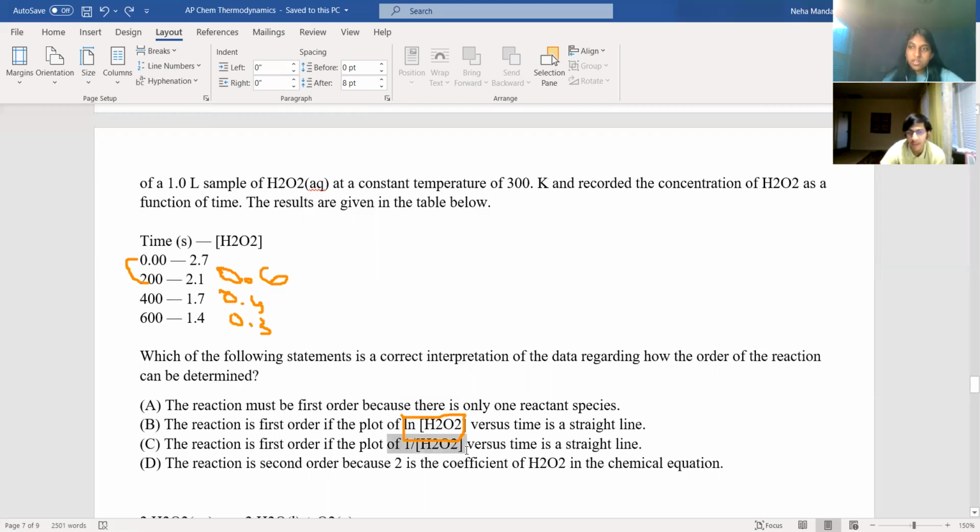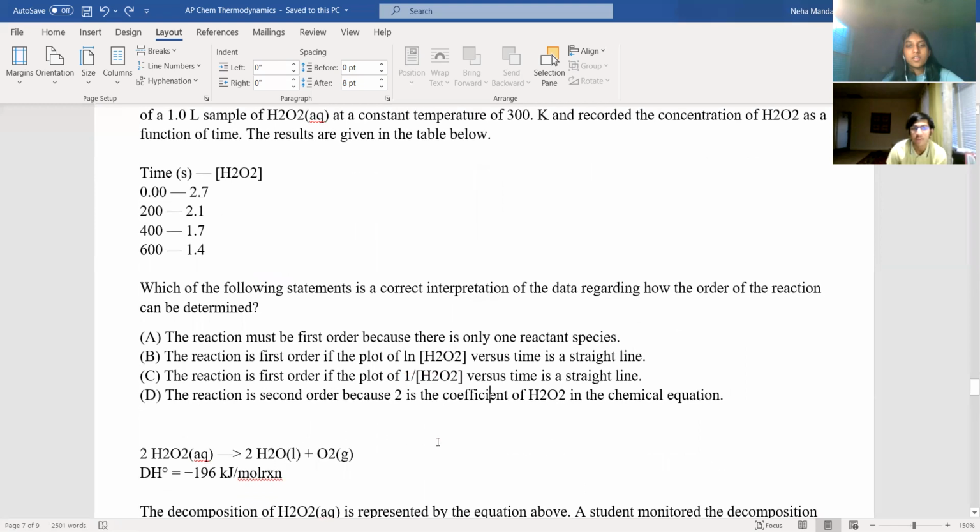That's why that wouldn't work. Whereas with this one, if you take the derivative of ln H2O2, you'll get 1 over the concentration of H2O2. That's the rate at which the rate changes, I believe. So that's why it's first order.